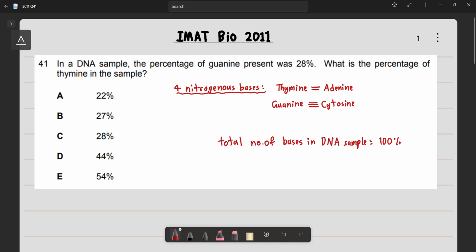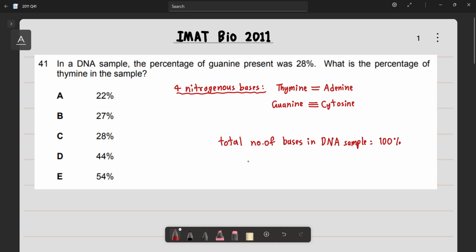We are given the percentage of a specific base, which is guanine.